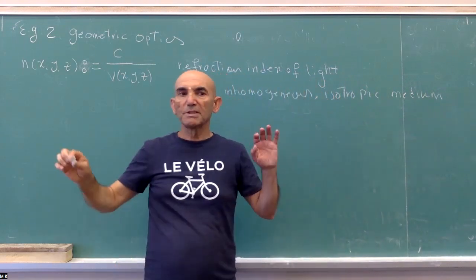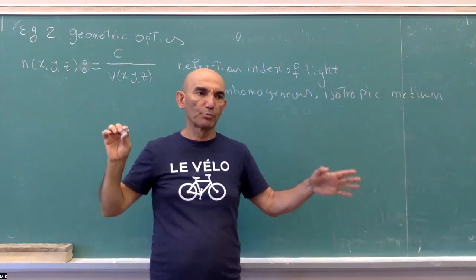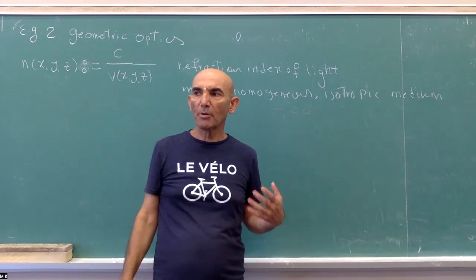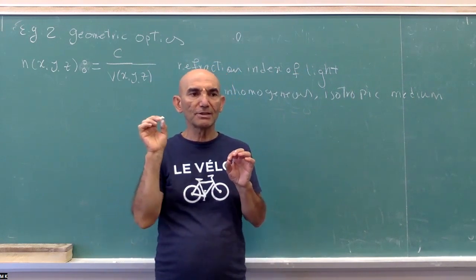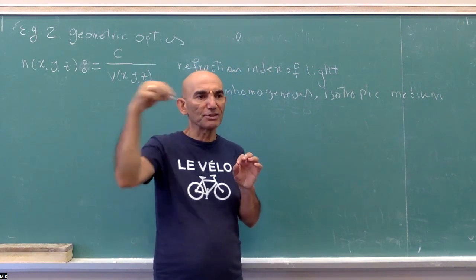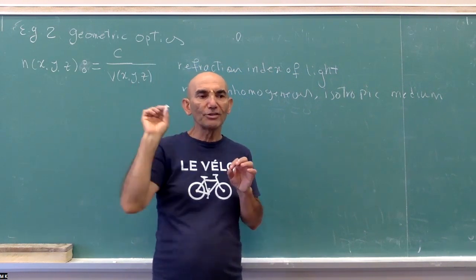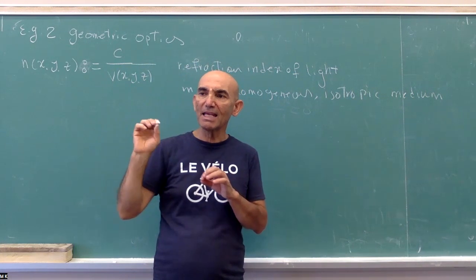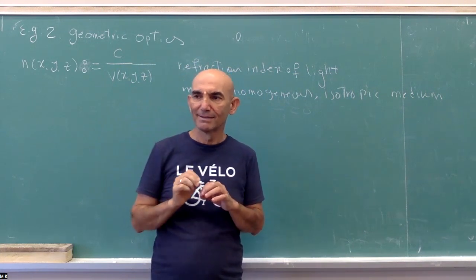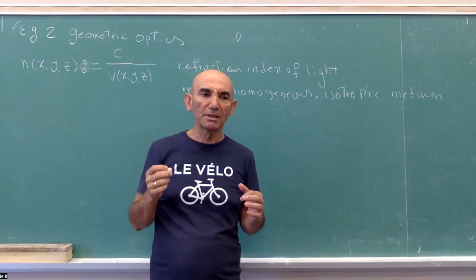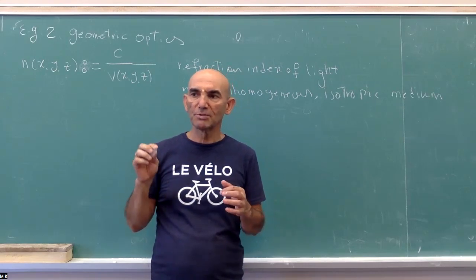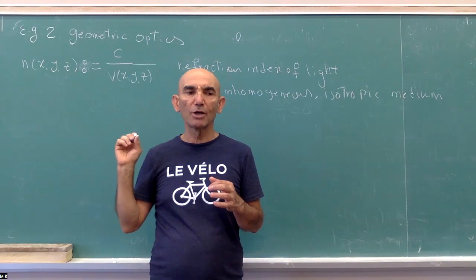Inhomogeneous means that this n, of course, varies from point to point, but isotropic means that for the light, it doesn't matter in which direction it's going. In all directions, it has the same speed. You can imagine a complicated medium where the speed of light also depends on the direction.